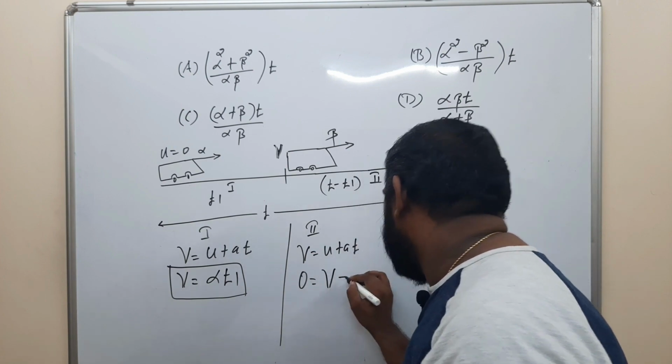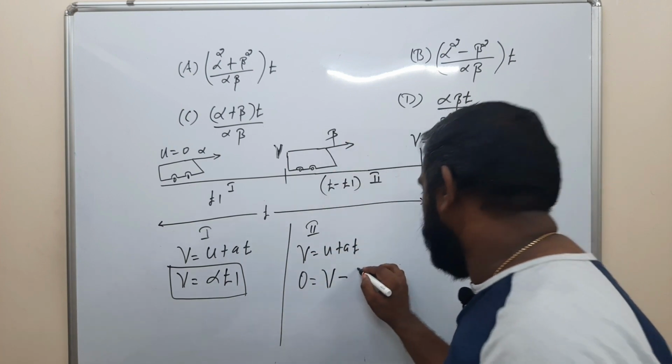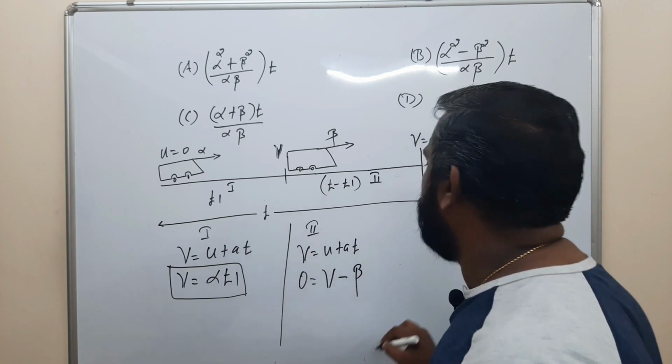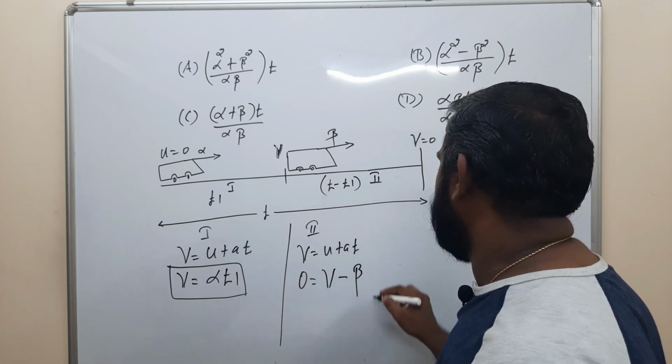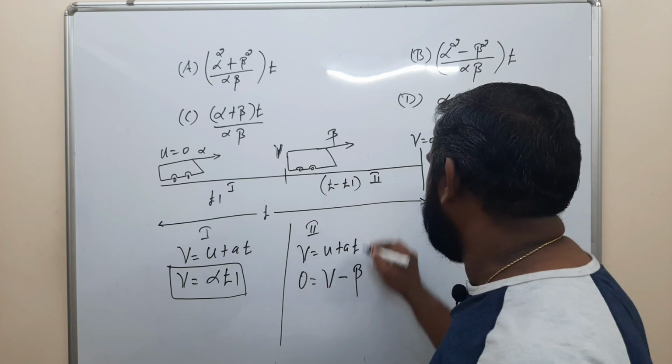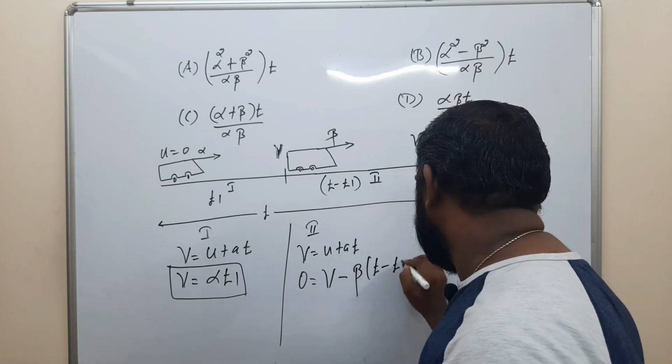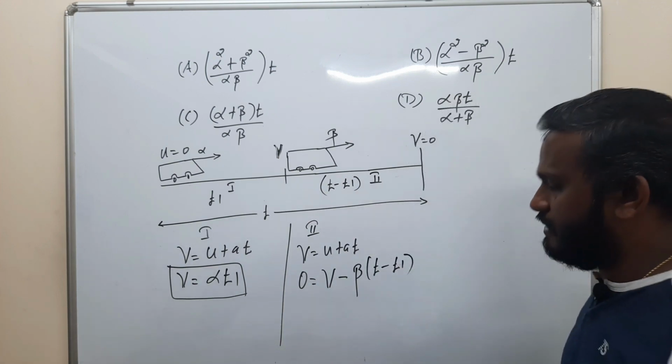So 0 is equal to v minus beta into the time taken, that is t minus t1. Here it is deceleration, so minus beta.